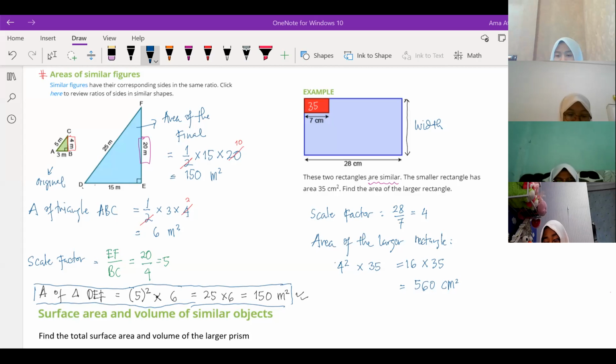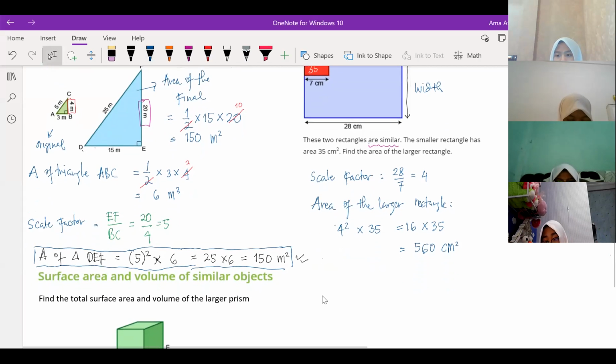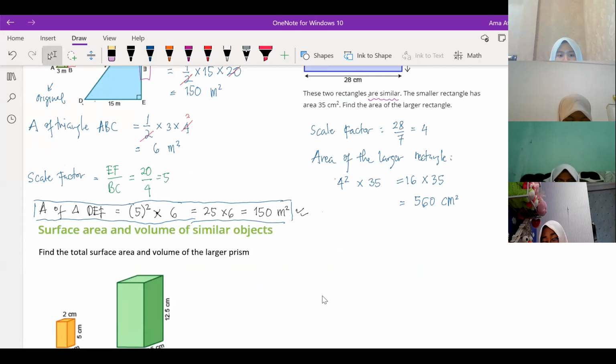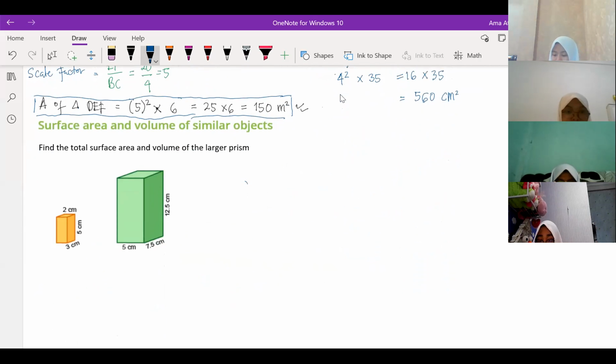So now we move on to the volume. We finish with the area. Don't forget, for area we take the square of the scale factor. What about the volumes? I will try to explain the volumes by solving questions.